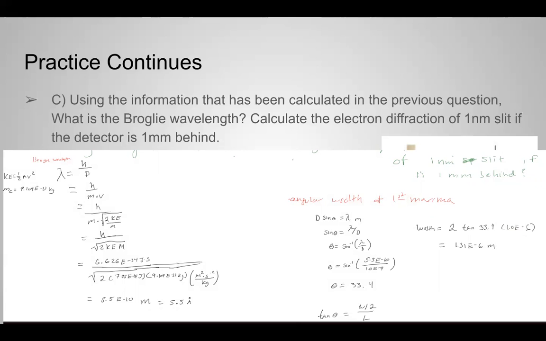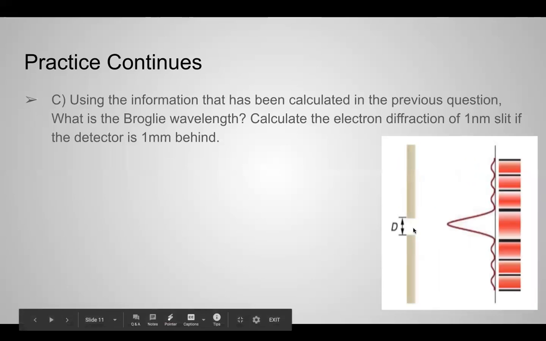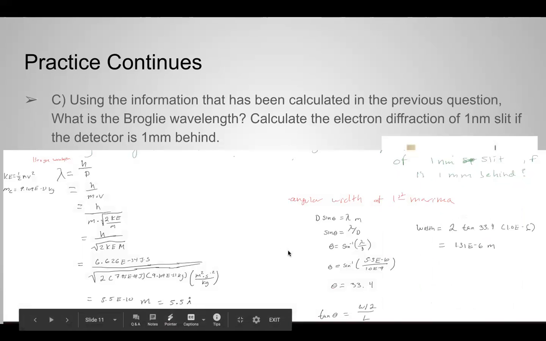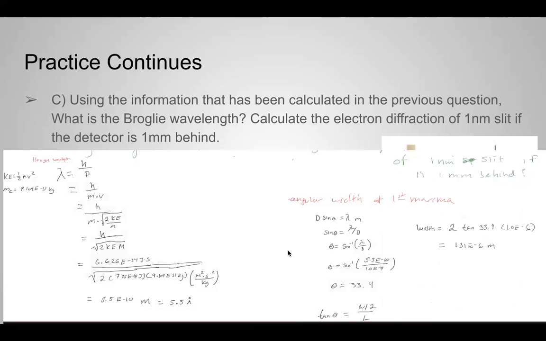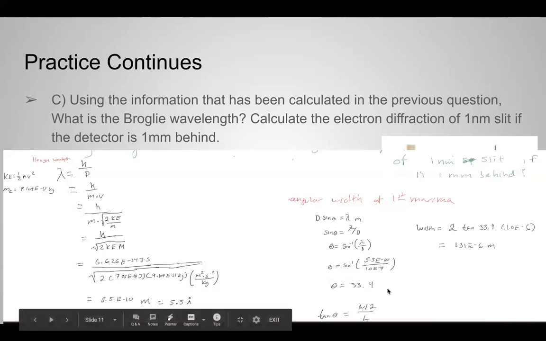To find the electron diffraction, we have to find the angular width of the first maxima. You can see this as a triangle. To find that, the formula is d sine theta equals m lambda. Solve for the sine of theta, and we get 33.4.